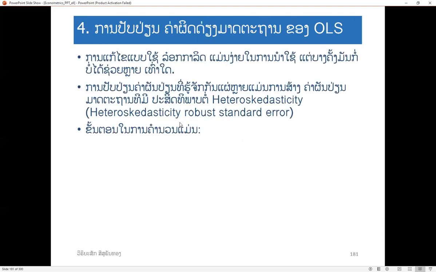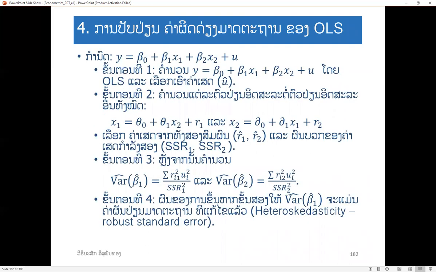If we have this problem, how can we deal with it? The first thing is to adjust the standard error, because heteroskedasticity is a problem with the standard error. We can adjust it to be the heteroskedasticity-robust standard error. The steps are: first, we regress and obtain the residual.